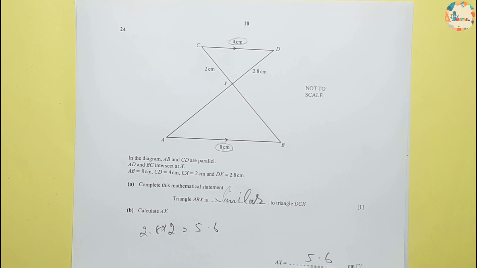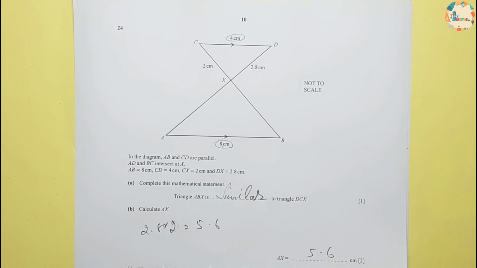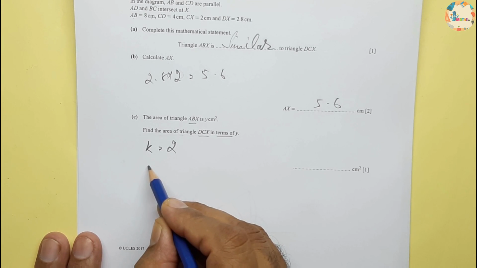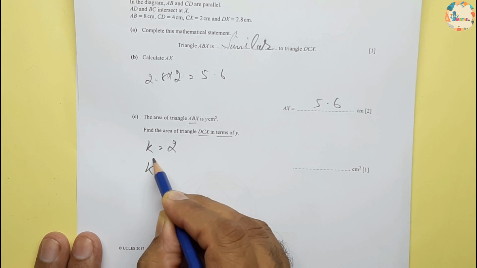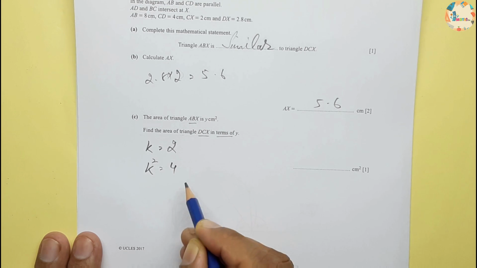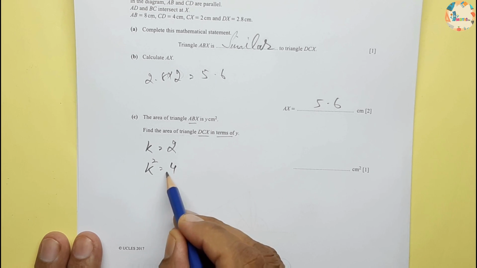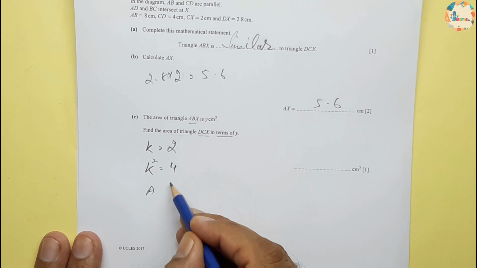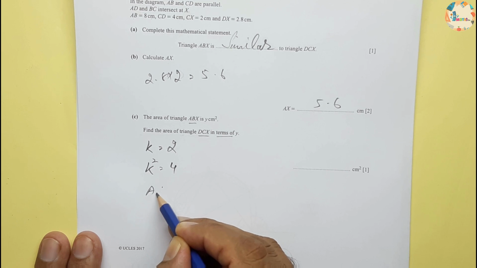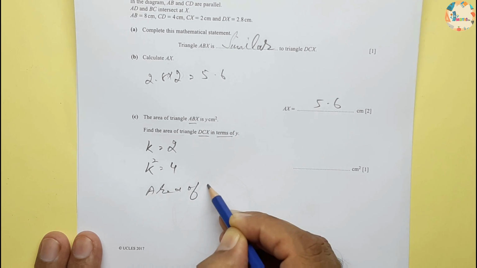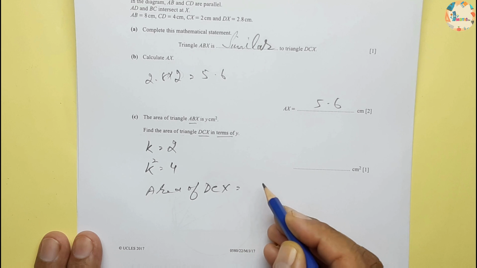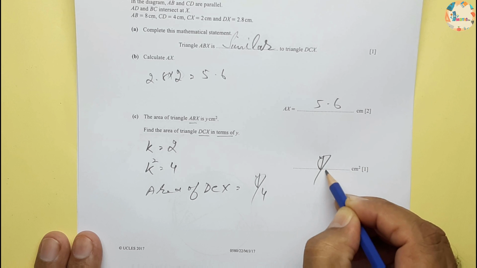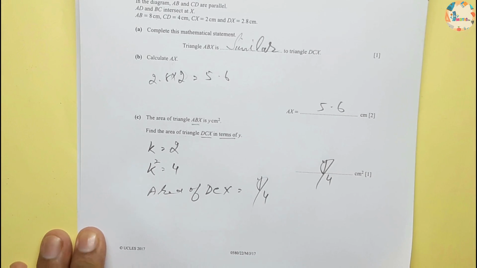So the K value is 2, which we have used in the B part as well. For area we will be using K squared, which is equal to 4. So the smaller triangle will be divided by this. So we can write the area of DCX is equal to Y divided by 4. So our answer will be Y divided by 4. This one is done.